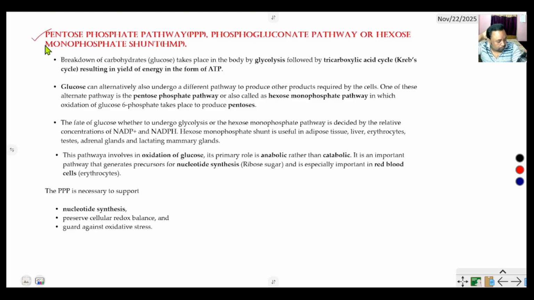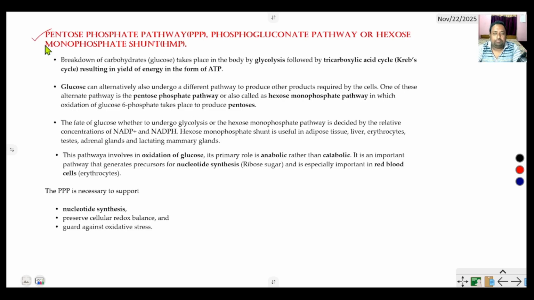Pentose phosphate pathway is a metabolic pathway that is an alternative to glycolysis and the Krebs cycle. By this pathway, glucose is oxidized to produce pentose sugar like ribose and mainly NADPH.